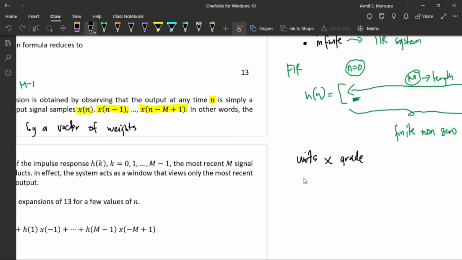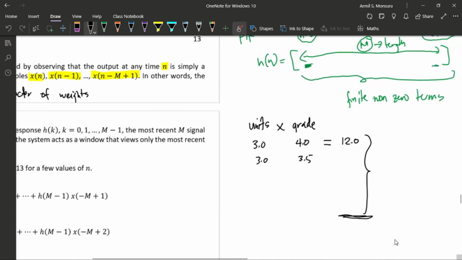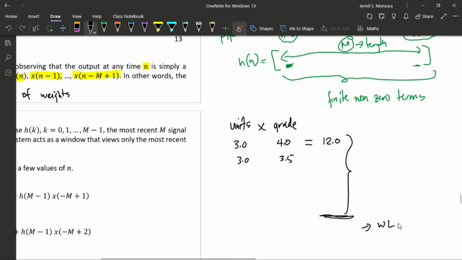For example, if a course has 3 units and the grade that you obtain there is 4.0, then your weighted grade for that particular course is 12. Kapag pinagsama-sama niyo yan, say for example, another 3 unit course na nakuha niyo 3.5 and so on, yung makukuha yung product dito, pag in-add nyo yan, ang tawag doon ay weighted linear combination. This is called the weighted linear combination.